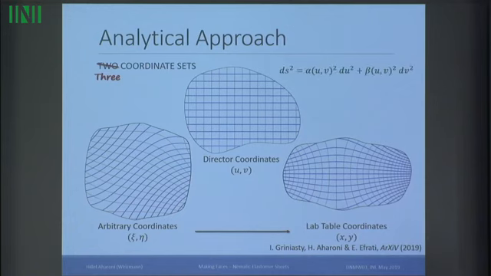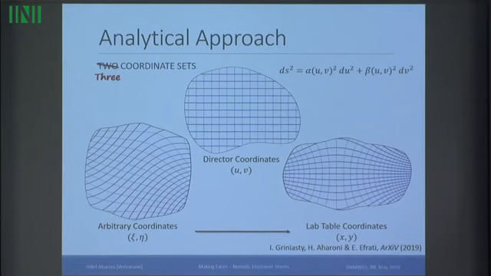So if we write the metric tensor in terms of the U and V coordinates, these coordinates that are parallel and perpendicular to the director at every point, there are scale factors that relate a small change in the coordinate U or the coordinate V to actual length on whatever geometry we are making.